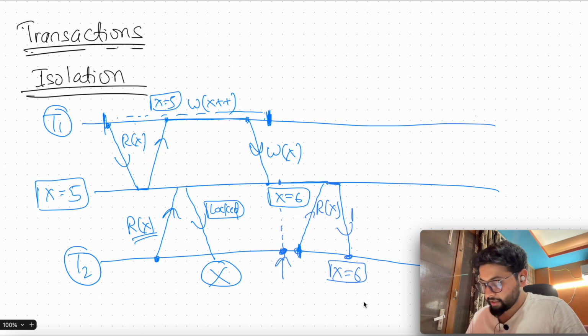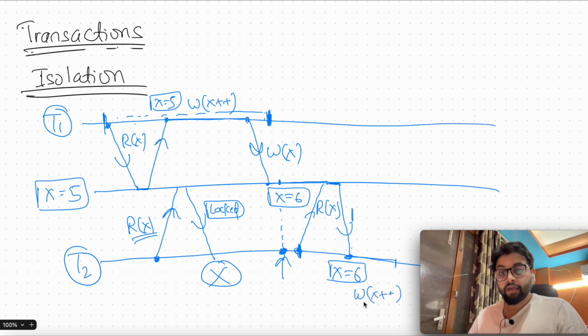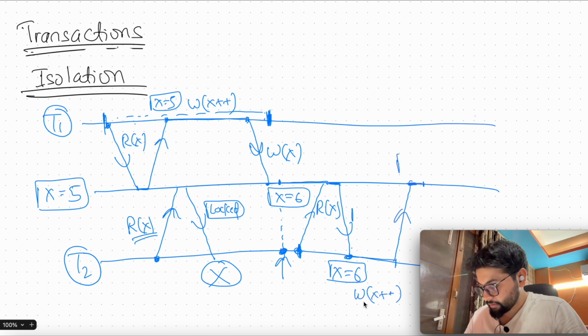Since it got the updated value, it will perform a similar write operation, write of x plus plus, and write on the data item x. So the value of x will change to 7.